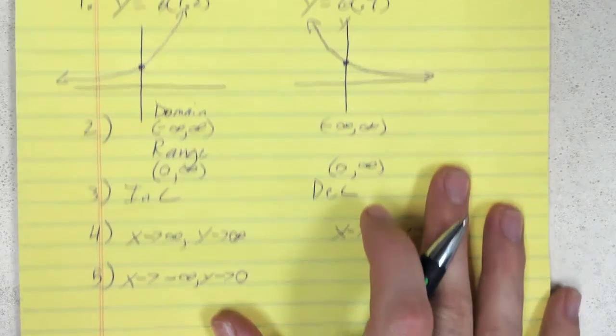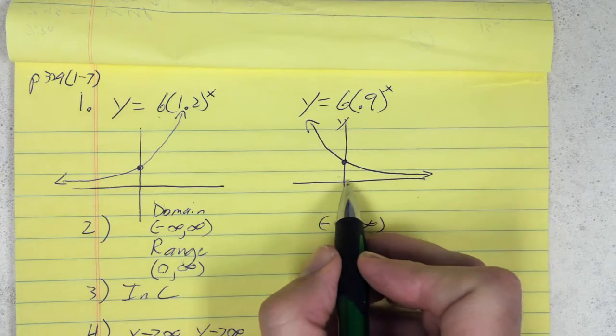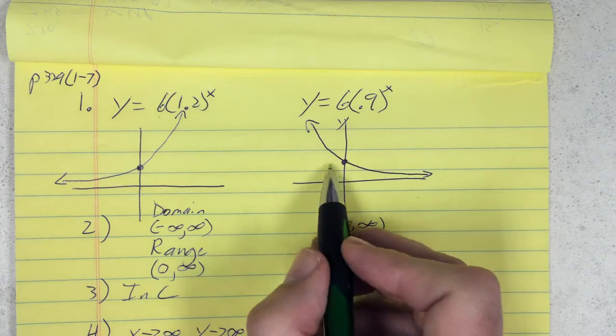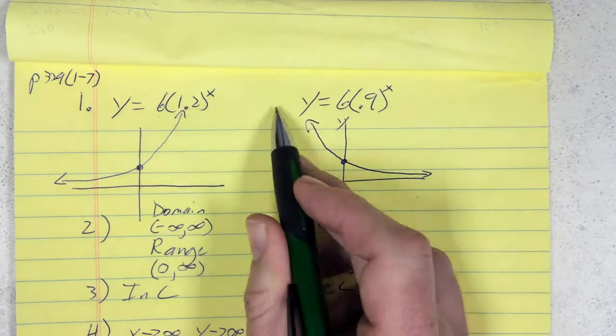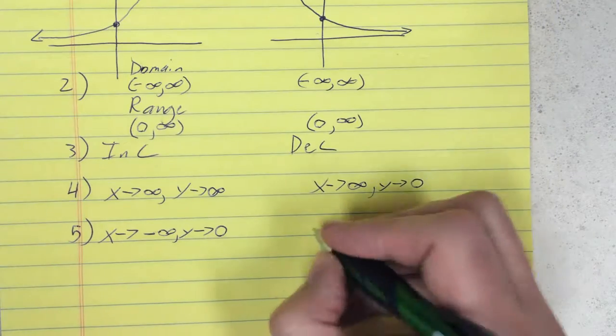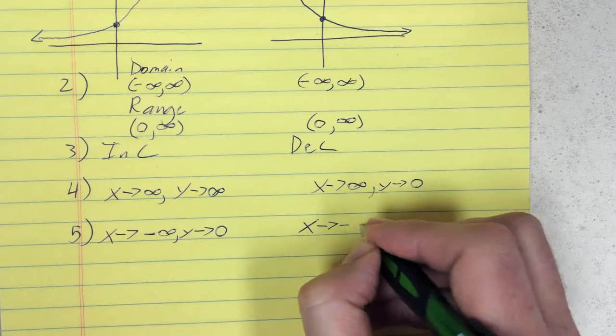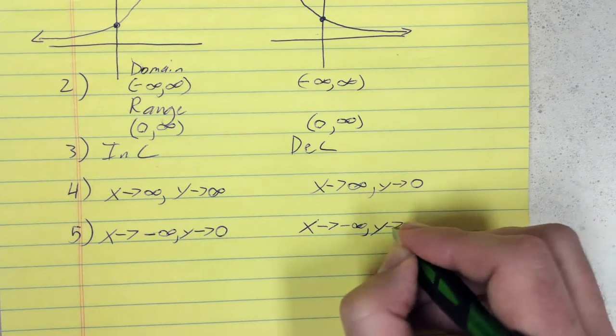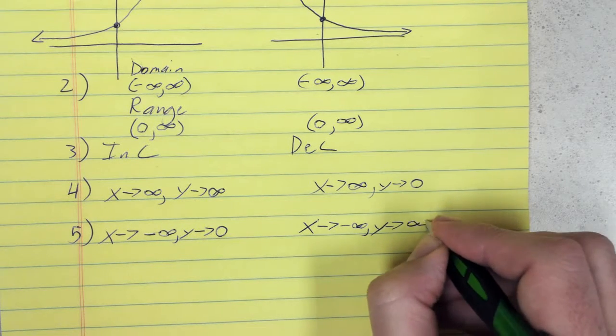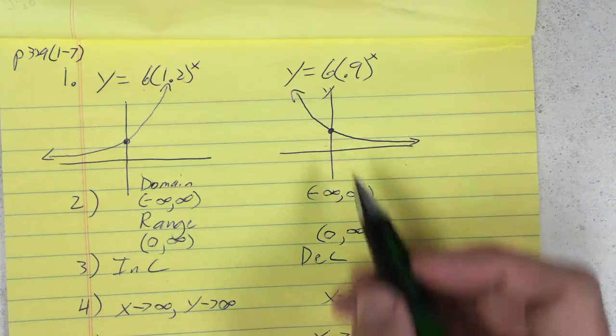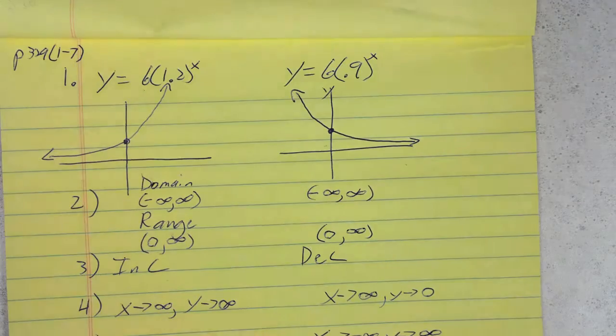The one on the right, as x approaches negative infinity, y is going up to infinity. So as x approaches negative infinity, y approaches positive infinity.